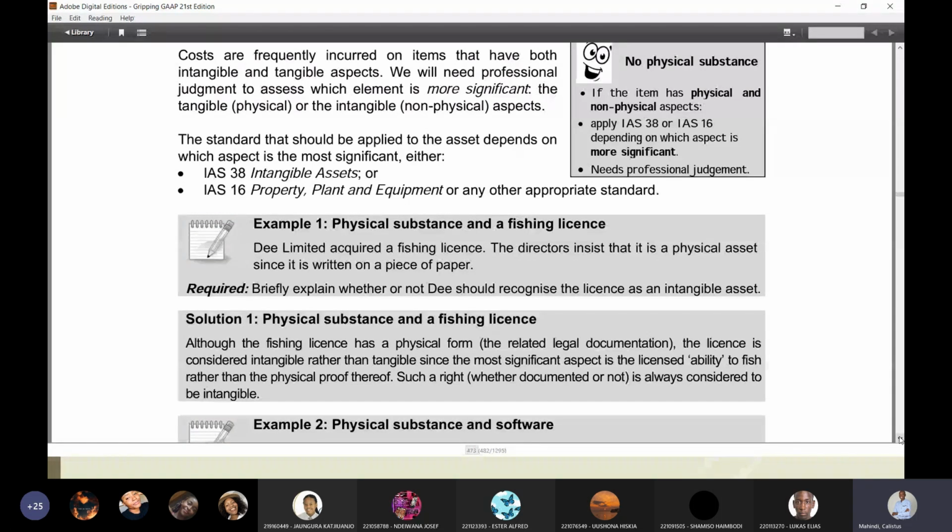So for example, if you have been granted a fishing quota of 100 tons, your company is allowed to extract a certain type of fish up to 100 tons. So you can benefit from the sale of the fish thereafter. All right, so the right to fish is the intangible asset.